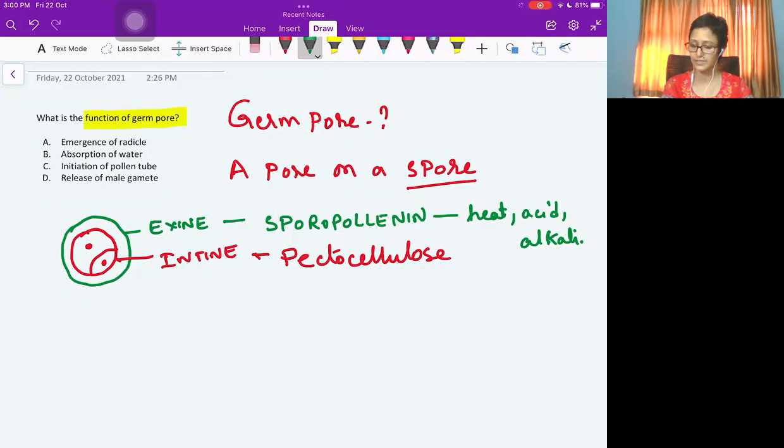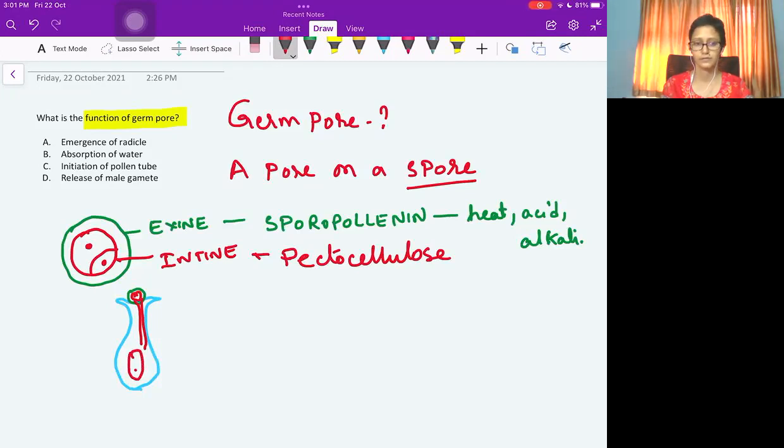Now here, after knowing the structure of pollen grain, what is the function of pollen grain? Yes, pollen grain is supposed to land on a particular stigma where it is supposed to germinate through the pollen tube. It should be discharging its male gametes to the embryo sac.